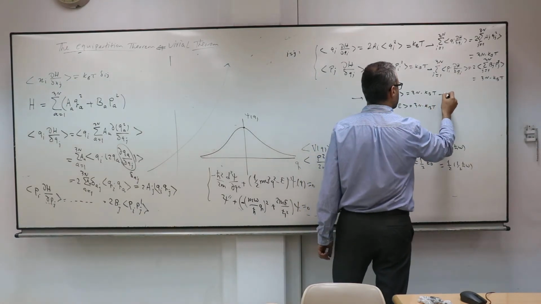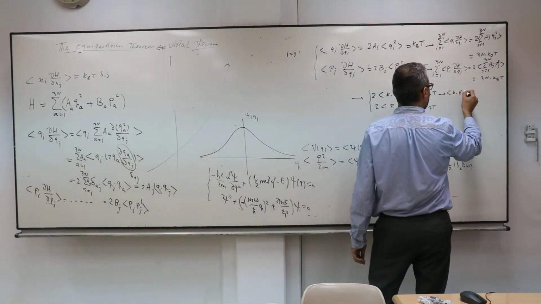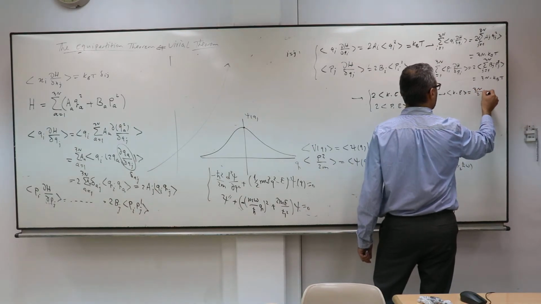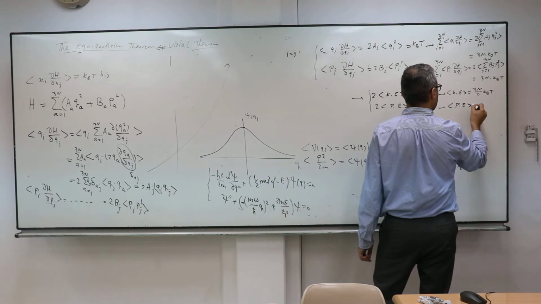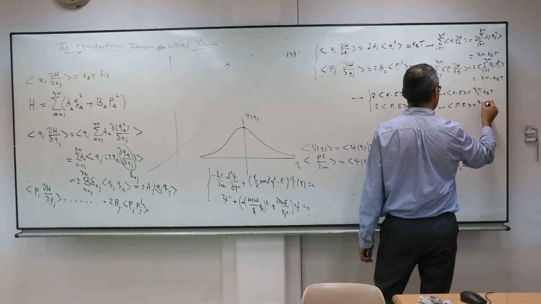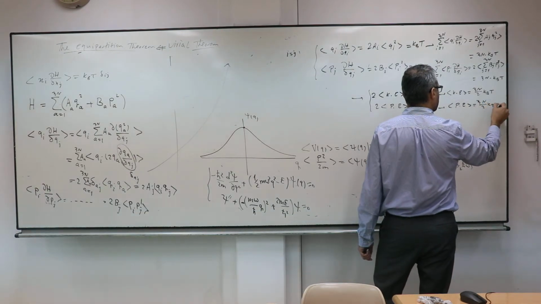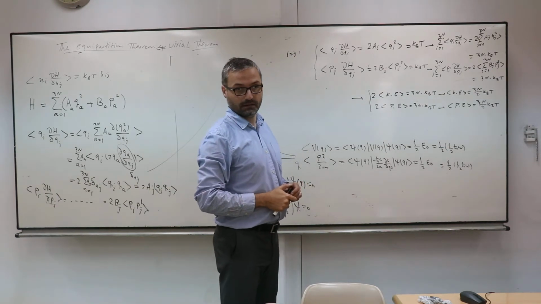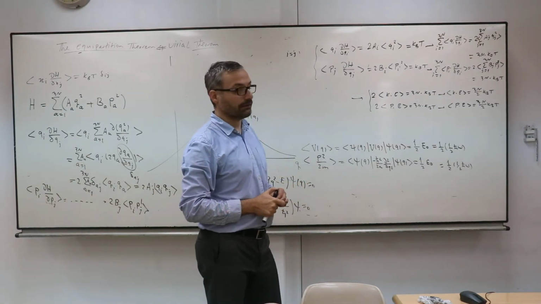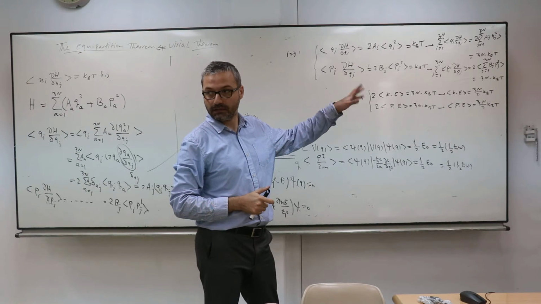You remember what that was? In Halliday and Resnick, you calculated it in chapter 20, I think, which is called the kinetic theory of gases. You calculated the average kinetic energy, 3n over 2 kBT, and this comes from here.